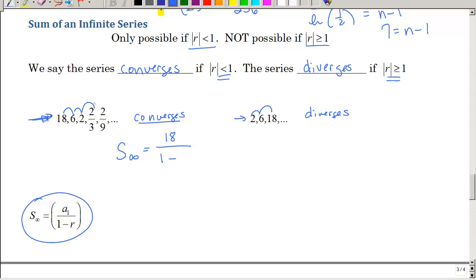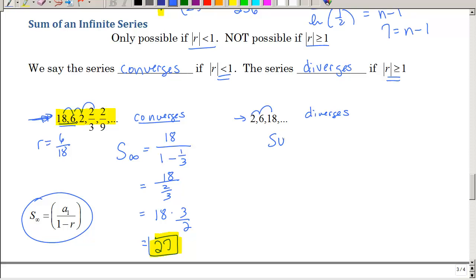What am I multiplying by every term? Remember r, you take two terms and divide them, that's 1/3. So even if you took this out to infinity, which you really can't, but think about it, those numbers would get so small, if you added them all up, you would get 27.